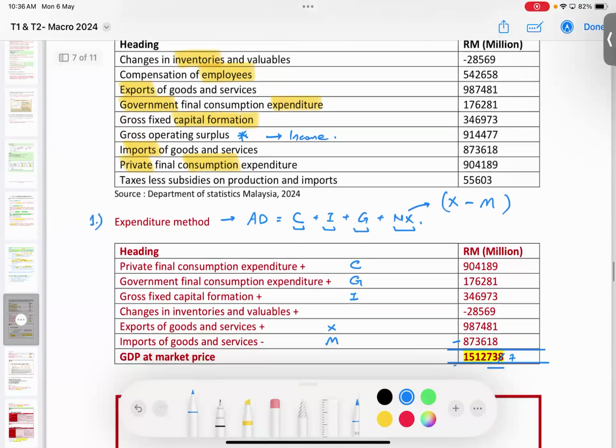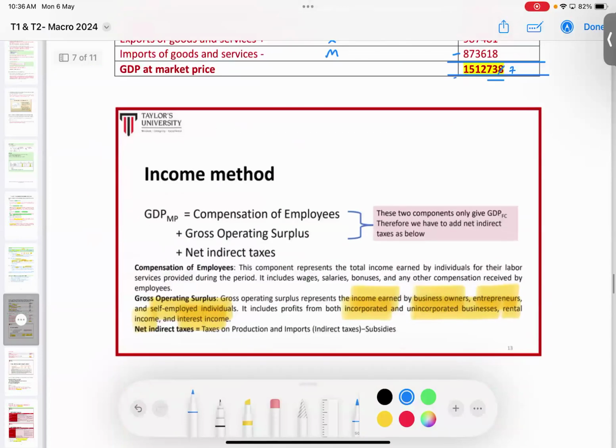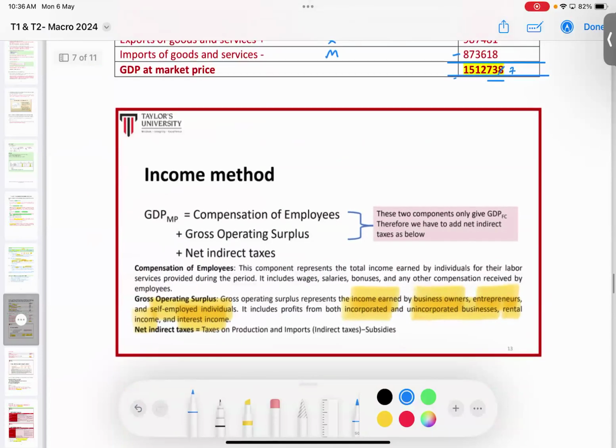Okay, let's have a look at the second question. Second, they want us to use the income method. With the income method, you add on all the income. You can see one simple formula here: you take into account the compensation of employees, that means their wages, plus gross operating surplus, and net indirect taxes.